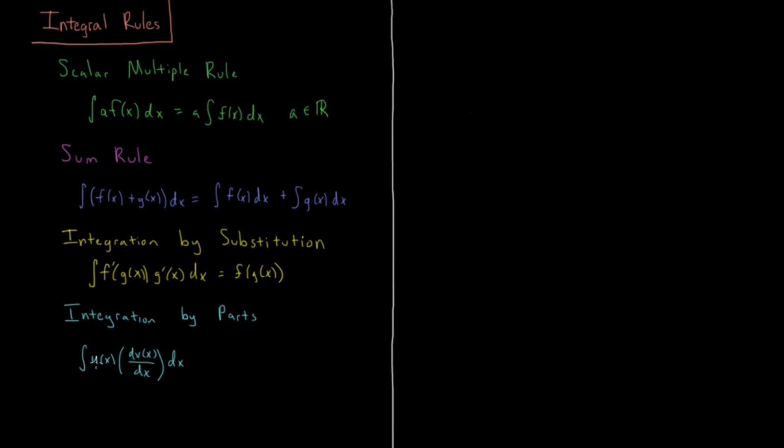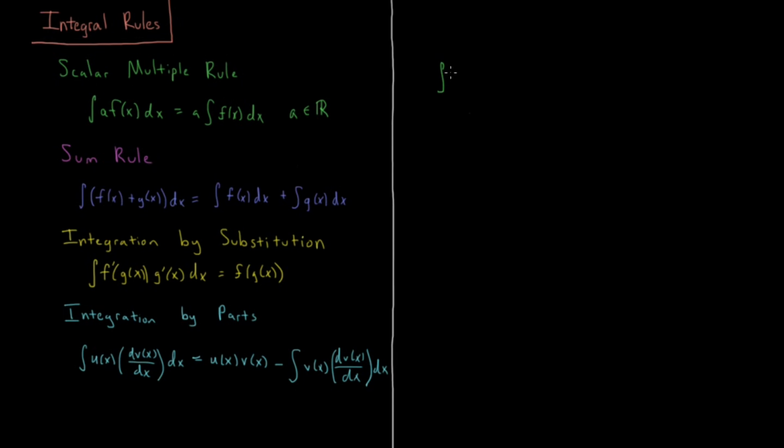So we have a function u of x, and the derivative of a function v of x, and we're going to integrate that product. That integral is equal to u of x times v of x minus the integral of v of x times du dx with respect to x. We'll do examples of each of these and see how they work.